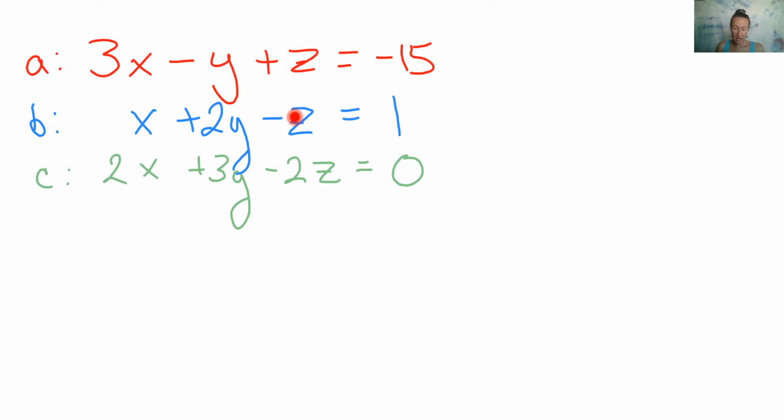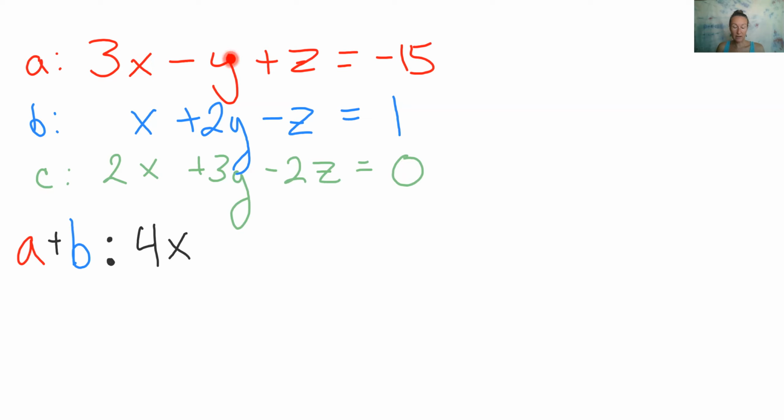I'm going to add equations A and B in order to eliminate these z's. When I write that, I like to make a new equation, which I call equation A plus B. So when I add A plus B, I'm going to add 3x plus x, so I'm going to get 4x.